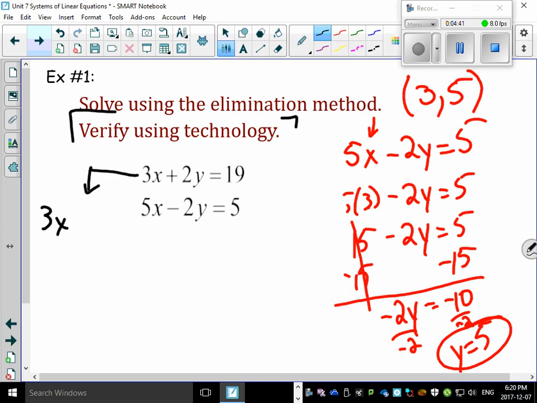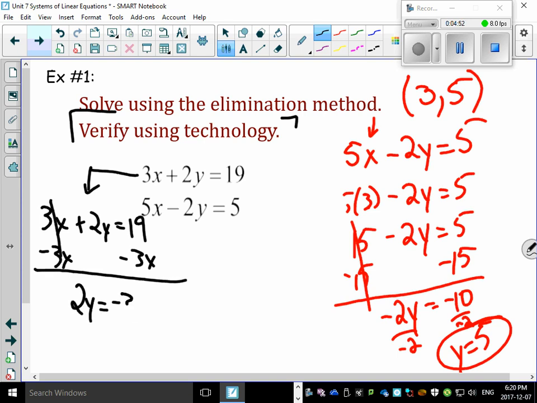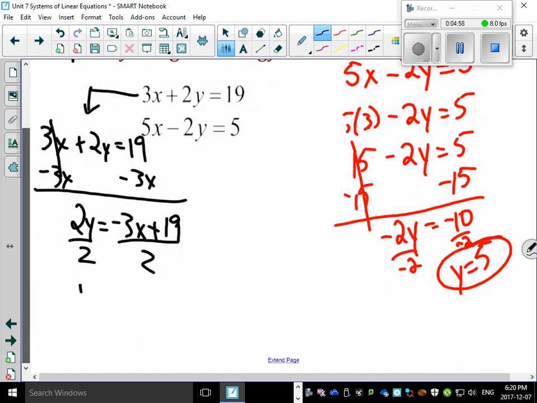So here's 3x plus 2y equals 19. Get rid of the 3x from both sides. That's gone, leaving me 2y equals minus 3x plus 19. Divide by 2, and look what I've got: y equals minus 3 over 2 x plus 19 over 2.